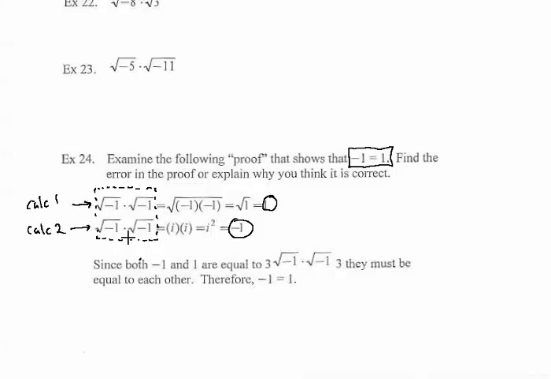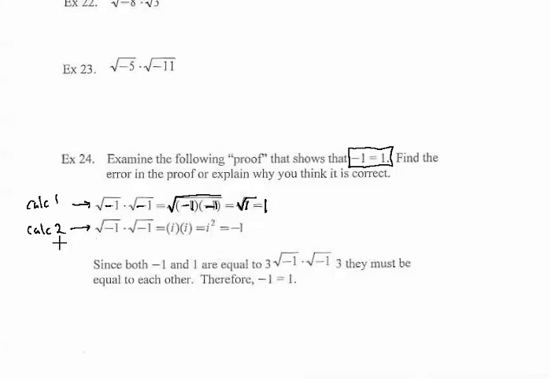Now what's happened here is they did not follow the rule that we used up above that said if we're multiplying two radicals, two square roots specifically, with negatives inside both radicals, then we cannot write it this way underneath a single square root symbol, multiplying the negative ones inside. When you do that, you end up with the square root of positive 1, which is equal to positive 1.